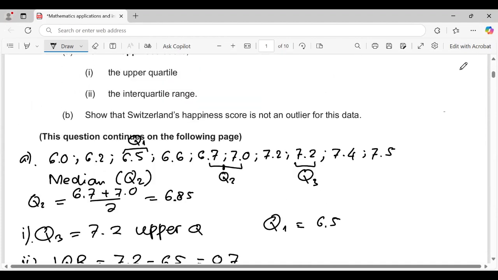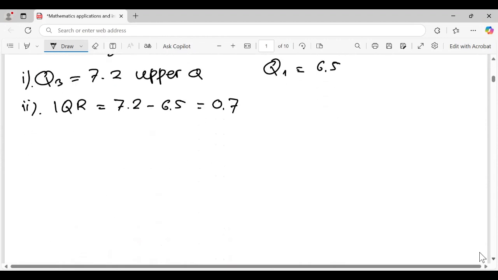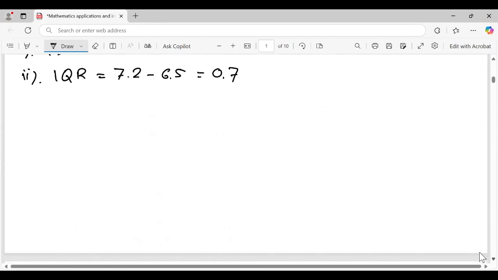Next question. Show that Switzerland's happiness score is not an outlier for this data. All right, to check whether the happiness score 7.5 is an outlier, we have to find the lower bound.